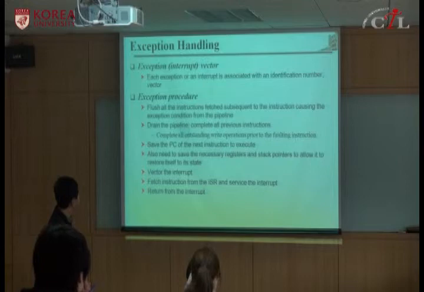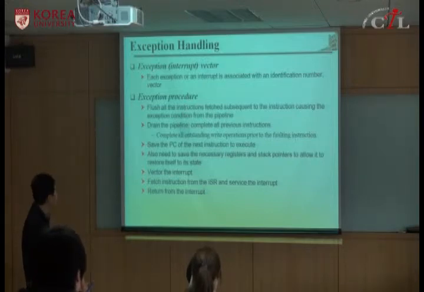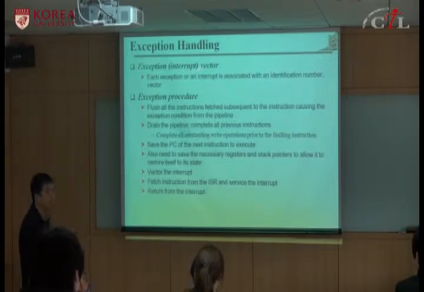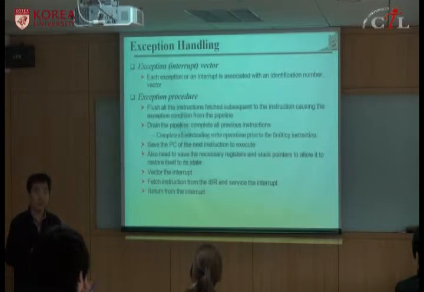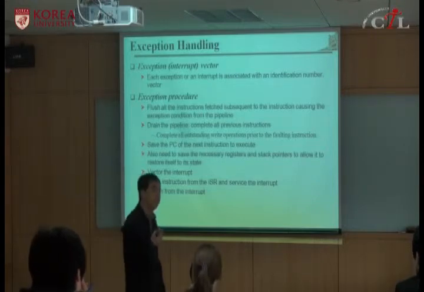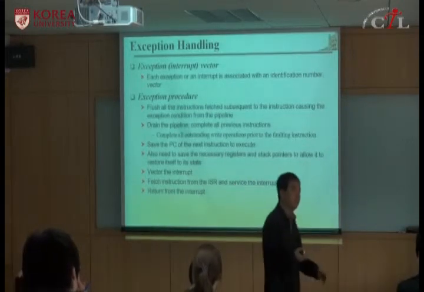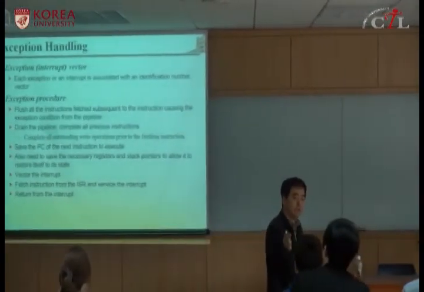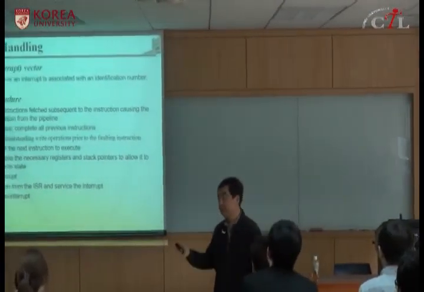Let's look at the exception handling mechanism further. Exception vector. As I said, each exception or each interrupt is associated with an identification number, and this is called the interrupt vector or exception vector. So whenever there is a page miss or TLB miss, page miss might be exception 19, TLB miss might be exception 17.